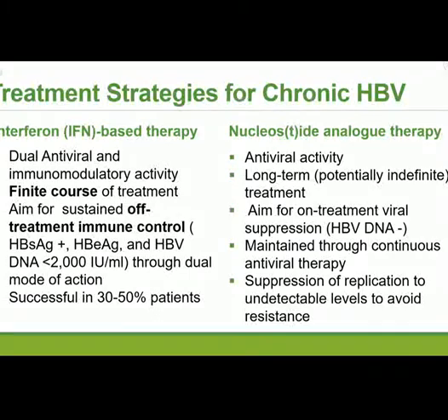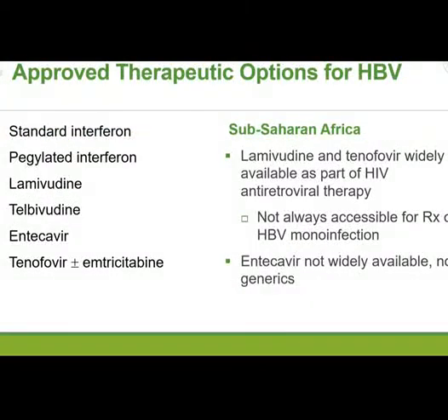The aim is to suppress the viral load, maintained through continuous antiviral therapy, suppressing replication to undetectable levels so that there is no resistance against these medications. The options are standard interferon, not available nowadays, pegylated interferon, lamivudine, telbivudine, entecavir, tenofovir, plus or minus emtricitabine.